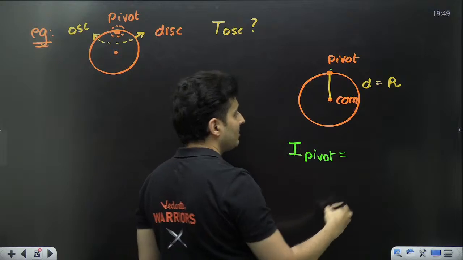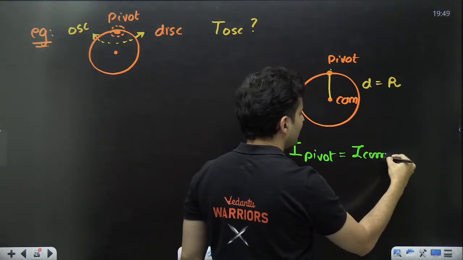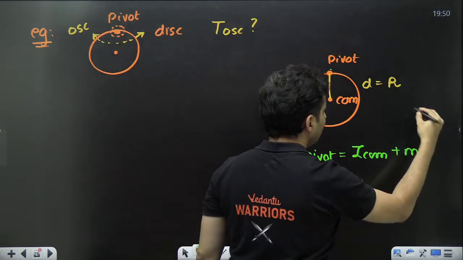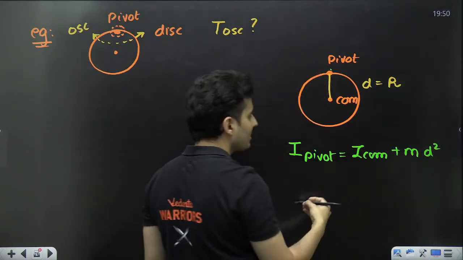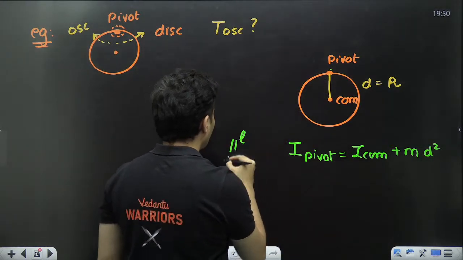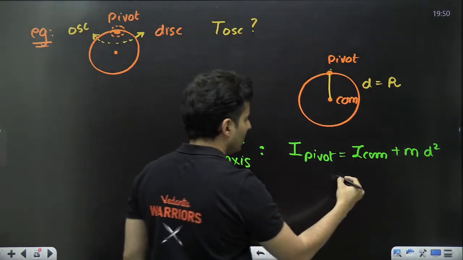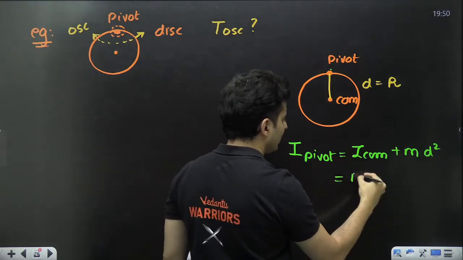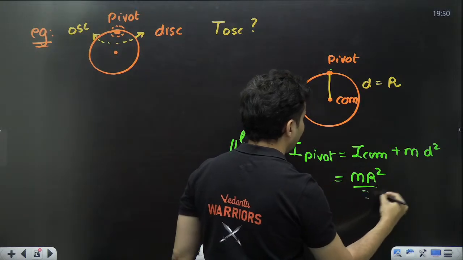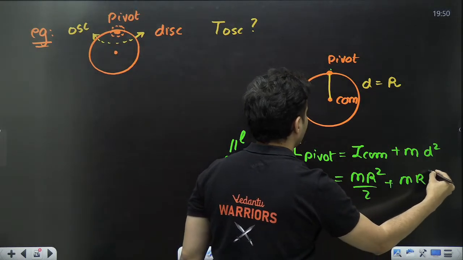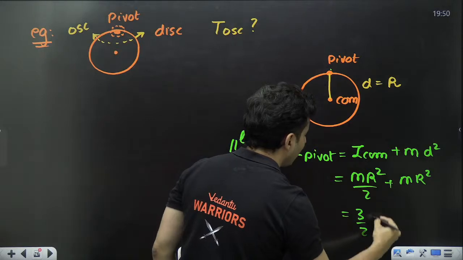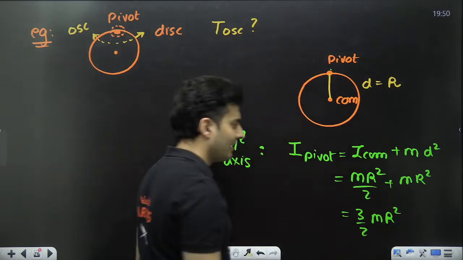Using the parallel axis theorem, it is I_COM plus md². I_COM for a disc is mr²/2, and d over here is r only. So it will be 3/2 mr².